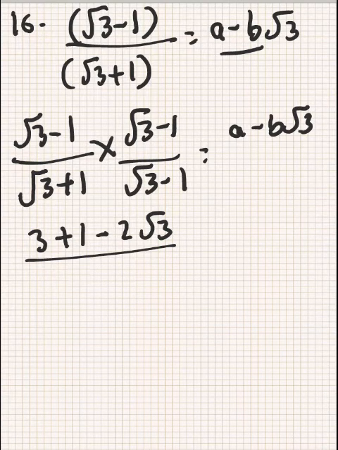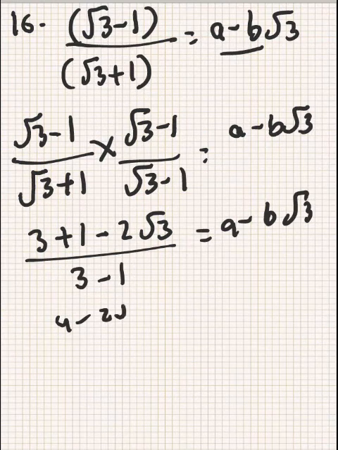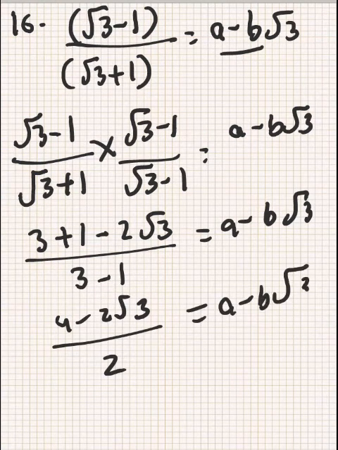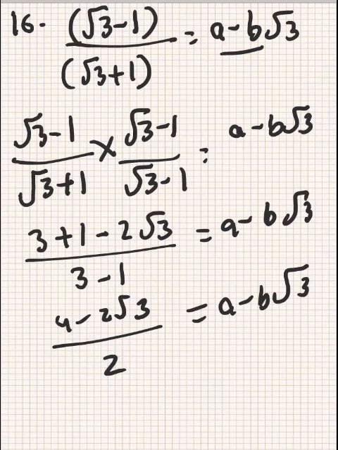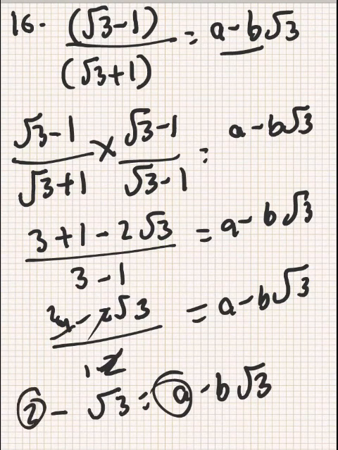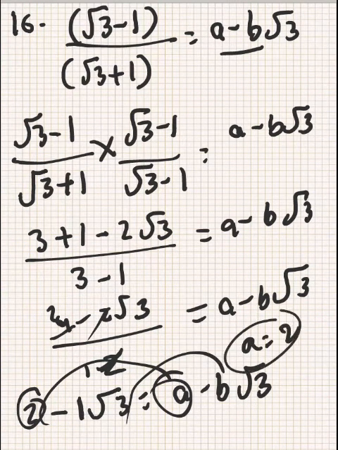After that it will be equal to 4 minus 2 root 3 and 3 minus 1 is 2, A minus B root 3. Now let's divide them first. 2 1s are 2, so 2 minus root 3 will be equal to A minus B root 3. So here A will be equal to 2 and B will be equal to 1 because here it's 1 only. So A is equal to 2 and B is equal to 1.